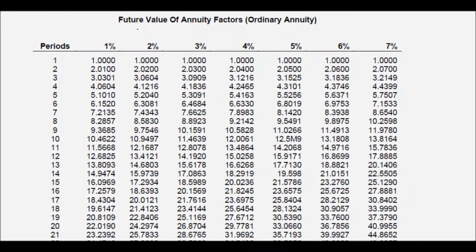So this is the table of future value of annuity factors for an ordinary annuity. We have rate of interest, that is 1%, 2%, and so on. And we have periods 1, 2, 3, 4, 5, 6, and so on. So now in our case, we have n as 4, that is this, and rate of interest is 6%.